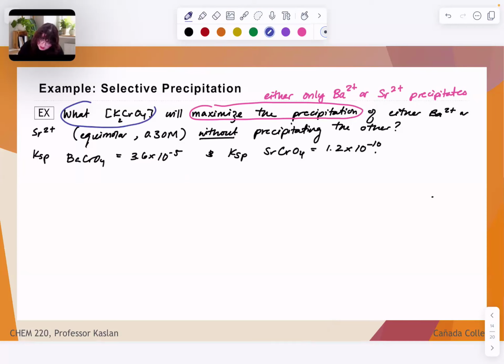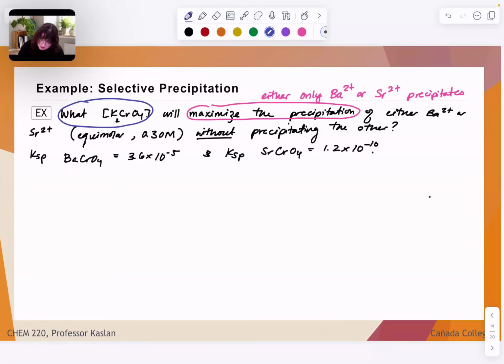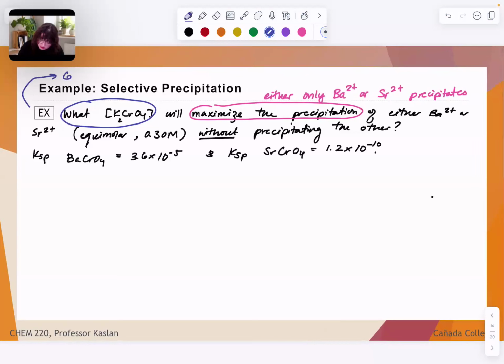So what concentration of potassium chromate? This is what we are trying to find. This is our goal. So how much can we add to precipitate one of the two ions?